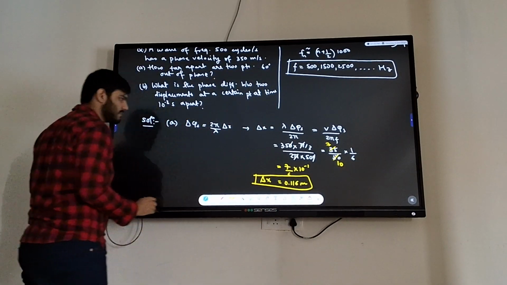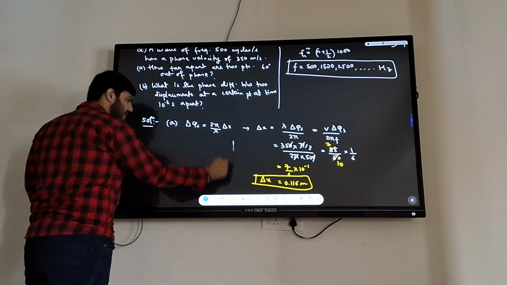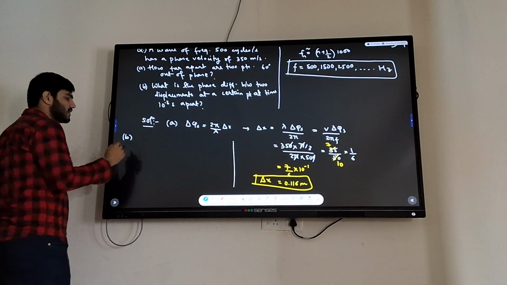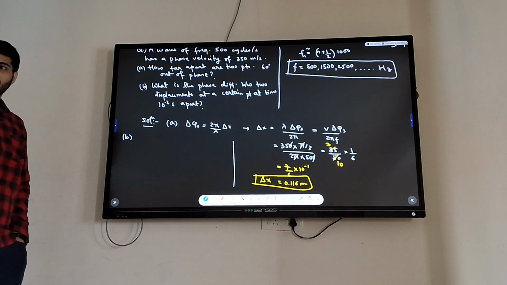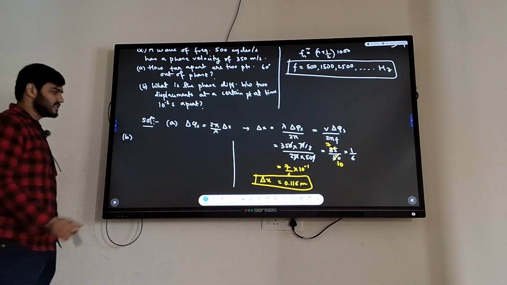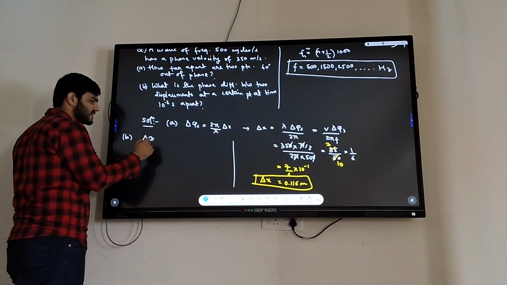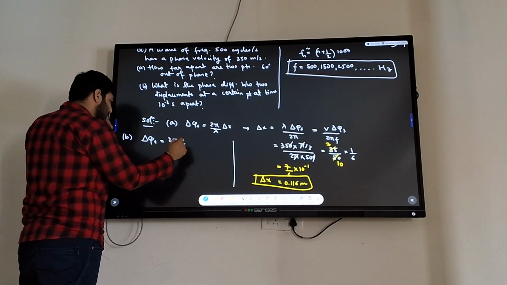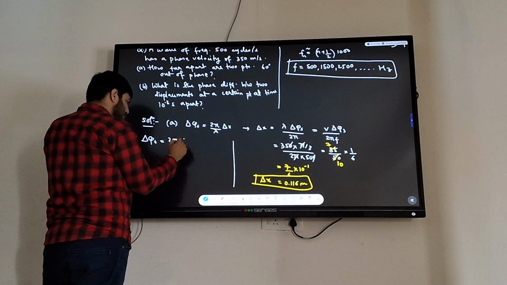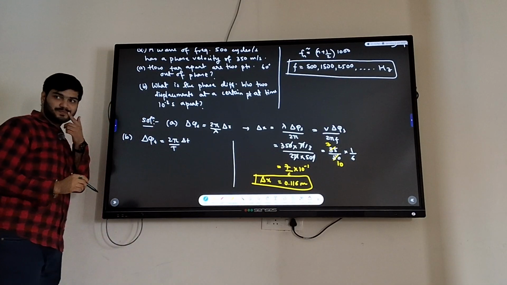Yes. और अब ठीक है, बी पार्ट भी कर देते हैं. You have to find कि what is the phase difference if you are looking at the same point at 2 different times. Then you are talking about temporal phase difference, and the formula was 2 pi by capital T small t. Yes or no?